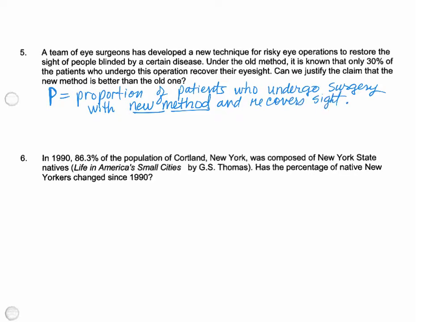All right. So there you go. Put your null and alternative hypotheses down, and then we'll move on. So do you see how it's important to really pay attention to what this problem is trying to say? What do we start with? P equals 0.3.